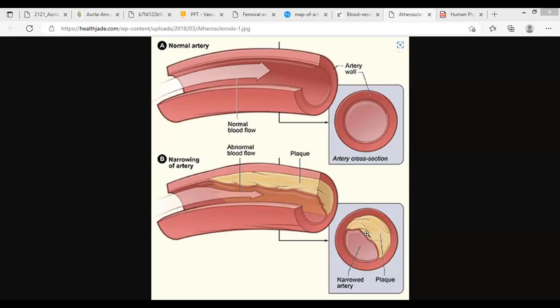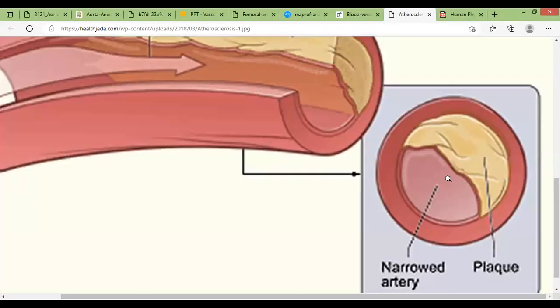Rupture means this fat, this cholesterol, will be exposed to the blood. Platelets will do their job. When the tunica intima ruptures, they accumulate to form a clot around the area. But because this area is already narrow, that clot ends up filling this whole space.